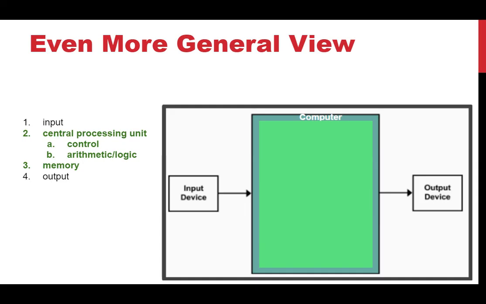And that central processing unit has a control unit and an arithmetic logic unit. And together, that's working with memory to make everything that we experience, the videos, the games, the work, it's all possible because of all these components and how they're organized and how they work together.